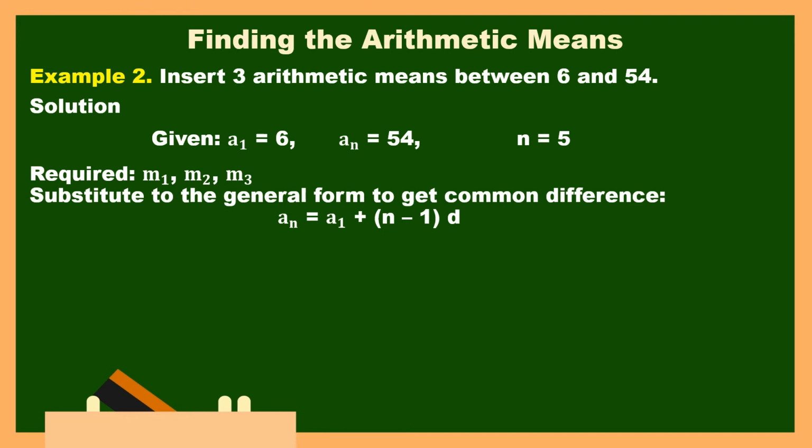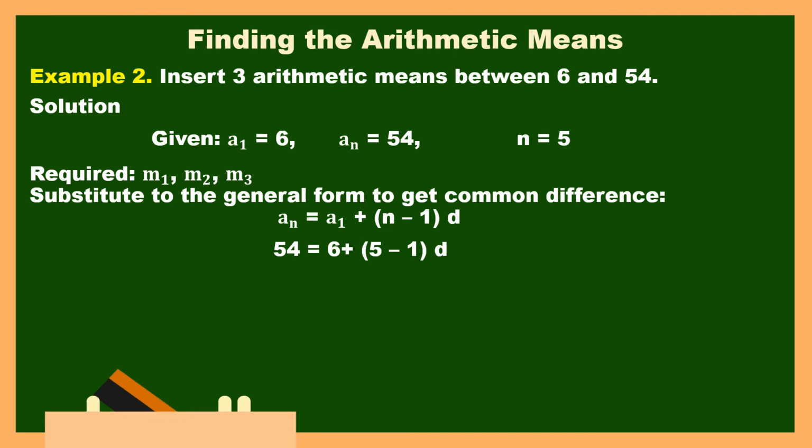So, ang ating a sub n ay equal to 54. So, substitute lang. Kaya, lahat dito ng may values ay papalitan na natin. So, sa a sub n ay magiging 54 equals a sub 1 ay equal to 6. Kaya, naging 6.